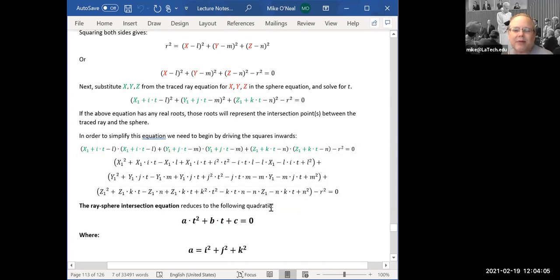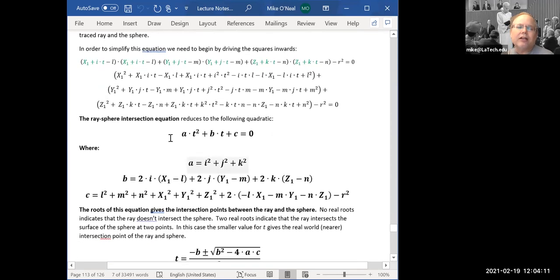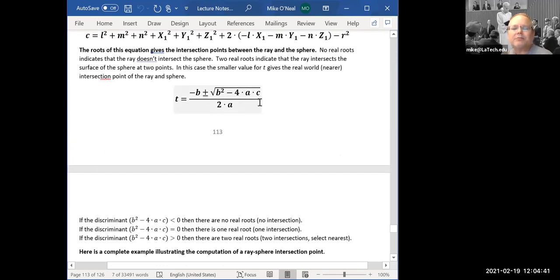And there's a lot of math that happens, blah blah blah. But eventually, if you multiply everything out, you can get it in the form of a neat quadratic, a times t squared plus b times t plus c equals 0, where for a, I've collected all of the terms that are multiplied by t squared. For b, I've collected all of the terms that are multiplied by t. And for c, I've collected all of the terms that aren't multiplied by anybody. And so once I've gotten this, I can then apply the quadratic equation. Boom, minus b plus or minus the square root of b squared minus 4ac, over 2a.